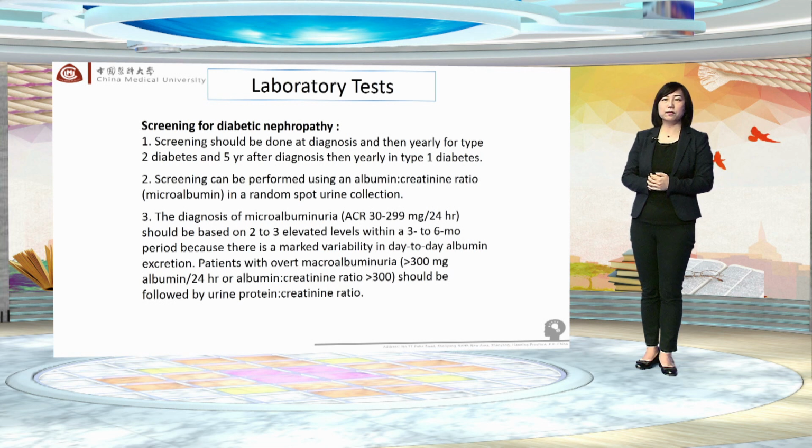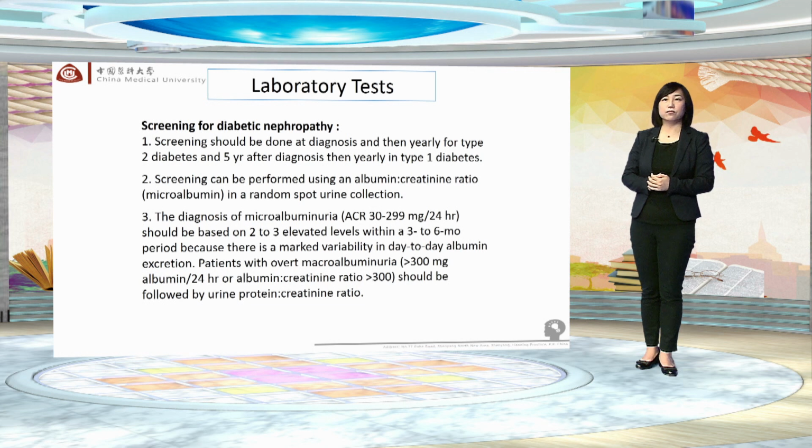Screening can be performed using an albumin-creatinine ratio, also called microalbumin, in a random spot urine collection. The urine albumin to creatinine ratio is independently associated with mortality at all levels of eGFR in older adults with diabetes.